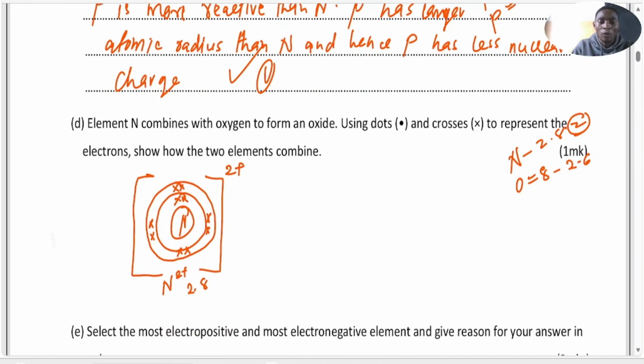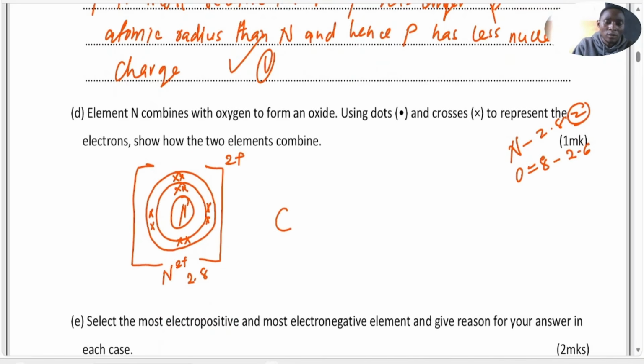And then for oxygen, oxygen is O. We are going to use dots. Oxygen is 2, 6. So we first draw the 6 dots. Then they gained 2 crosses, 2 electrons from the other side. So it is 2, 8. So again, I make it an ion by putting the 2 brackets there.